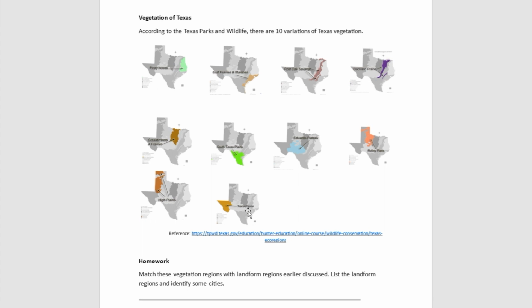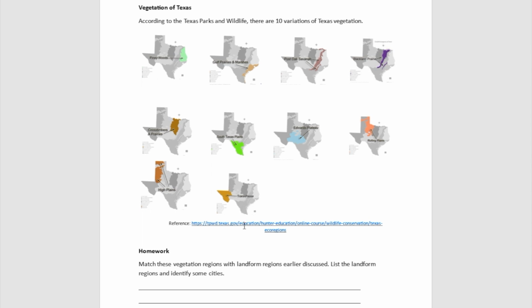So those are typically what you find over there, and you're welcome to click on this link over there to see from the Texas government website. You are going to see additional details over here, which I didn't want to bother you with at this grade level. So just at an overview level, you are going to see that there are 10 variations of Texas vegetation from the maps that you can see.